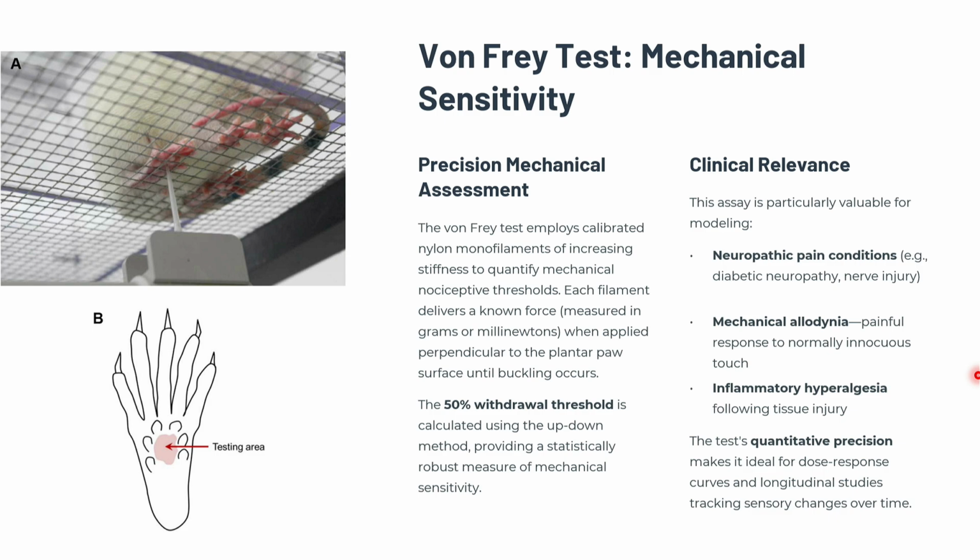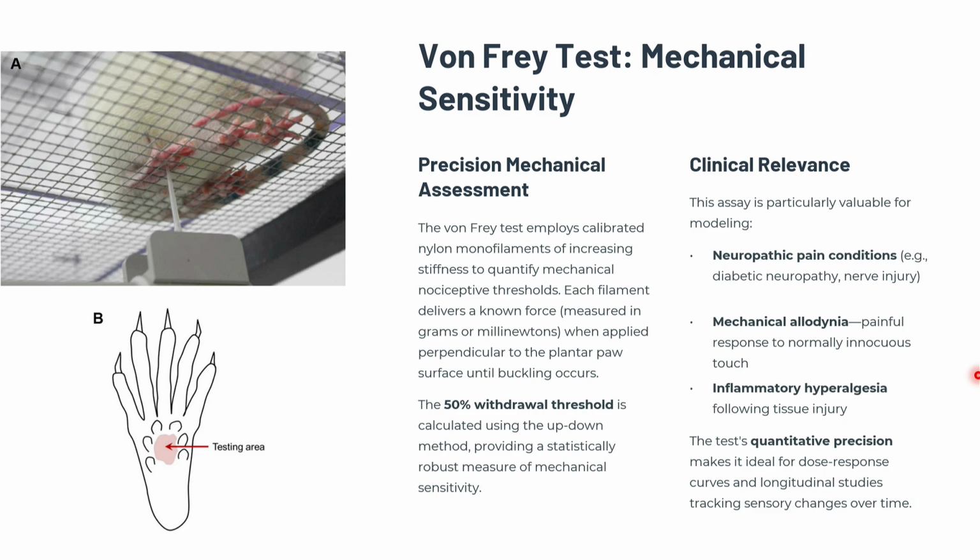Each filament delivers a known force measured in grams. So when applied perpendicular to the plantar paw surface until buckling occurs. So the 50% withdrawal threshold is calculated using the up-down method and providing a statistically robust measure of mechanical sensitivity. The clinical relevance of this particular test is in neuropathic pain conditions.